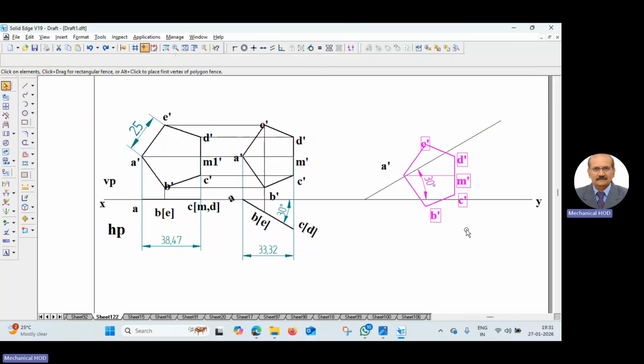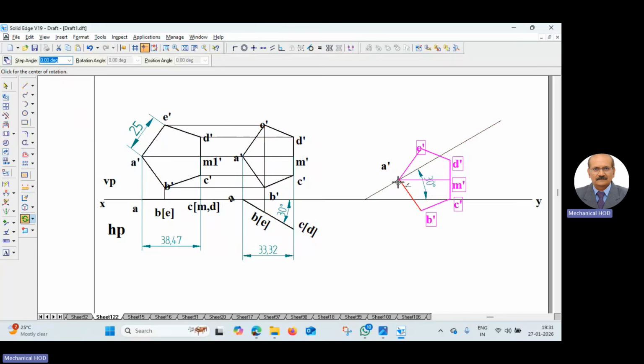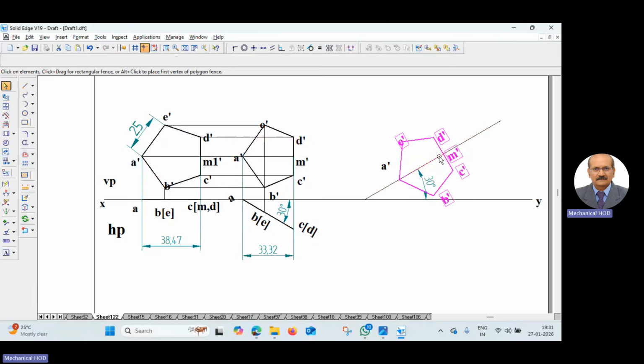Select it, move, switch on the copy from this tip point, keep it on the 30-degree line correctly. Now go to rotate command with A dash as the center of rotation, M dash as the point to rotate from, rotate like this, keep it on the 30-degree line.